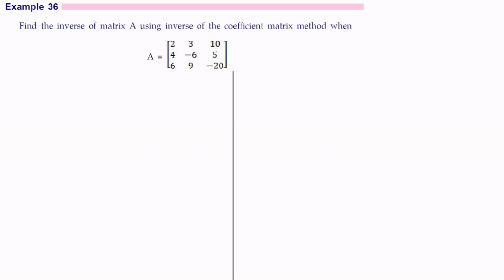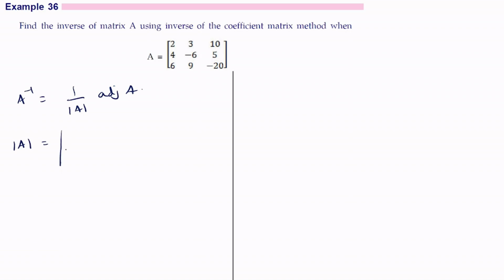First let us find the determinant of A and check whether the matrix is singular or non-singular. First let us write the formula: A inverse equals 1 by determinant of A into adjoint of A. Adjoint of A is the transpose of the cofactor matrix of A.